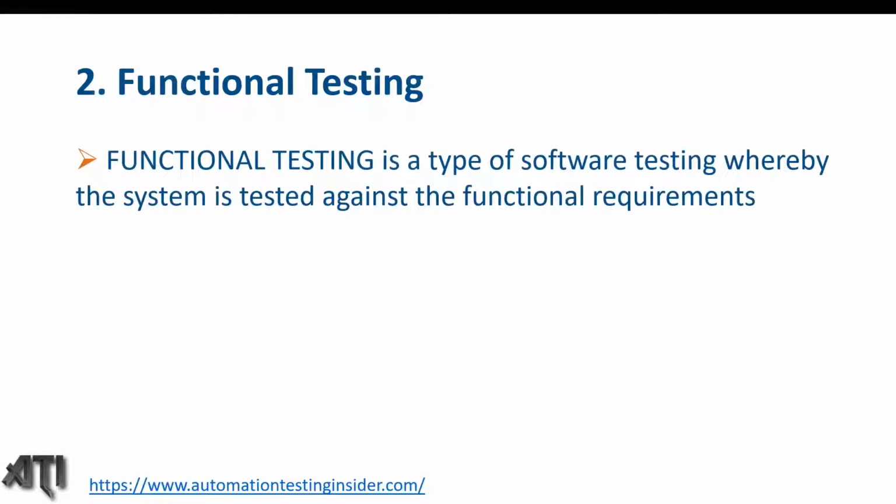Now if we talk about functional testing, let's say they have developed the registration page, which we have seen earlier. Now they will do some kind of functionality check on this registration page. Some kind of functional testing we do as part of unit testing, guys.